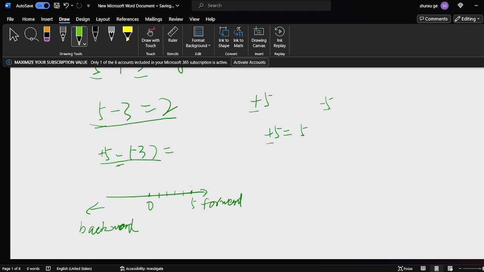Backward means the opposite direction. So backward, then backward again gives forward. Okay, forward. How many? 3.